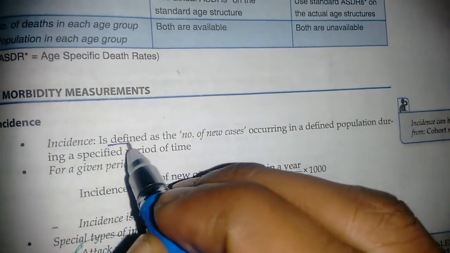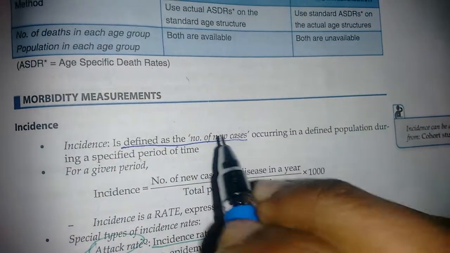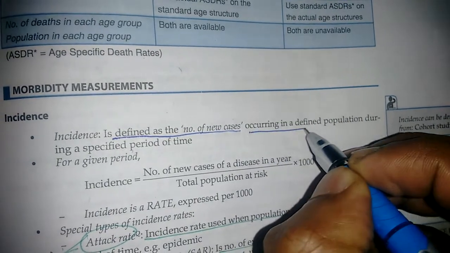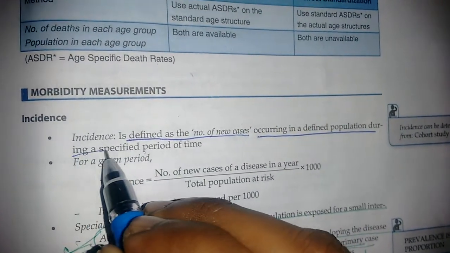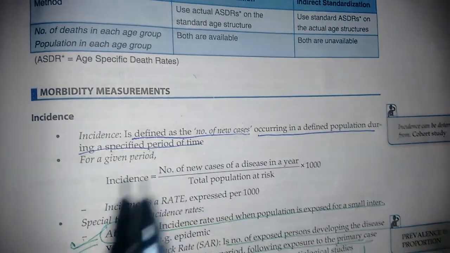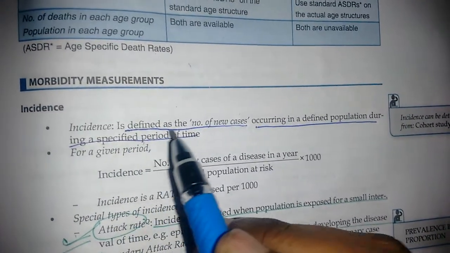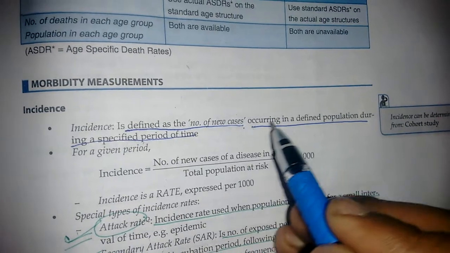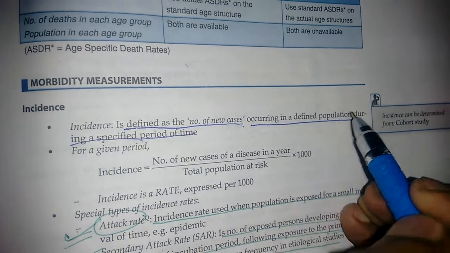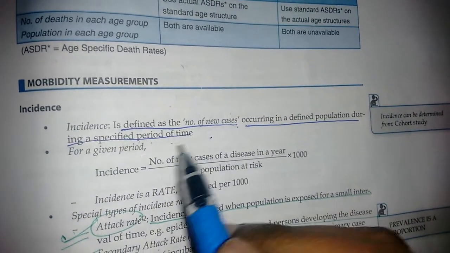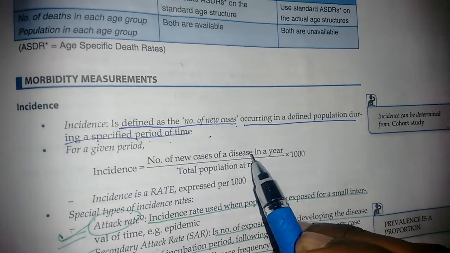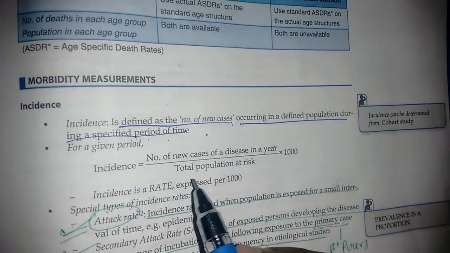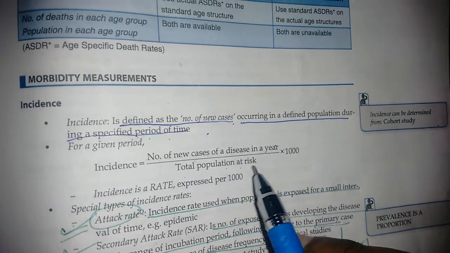Incidence is defined as the number of new cases occurring in a defined population during a specific period of time. For a given period, incidence is the number of new cases of a disease in a year divided by the total population at risk.